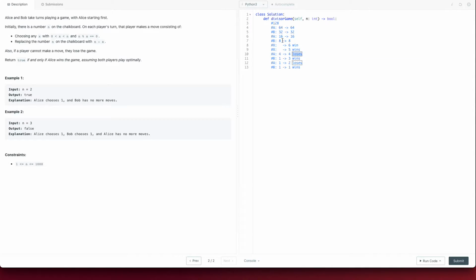Because you always just choose 2 and then force the other player to be at 4, in which case they lose. If you don't play optimally and choose 3, then you'd lose. But there's always a path to win here, so wins.